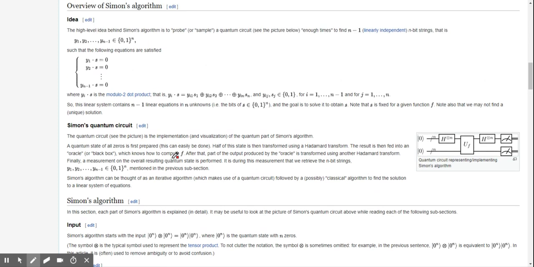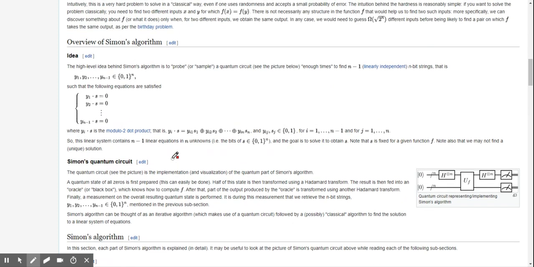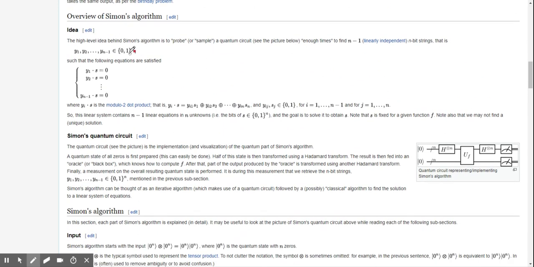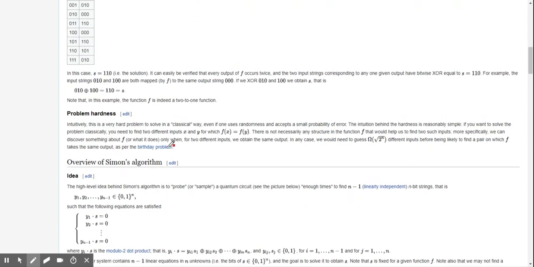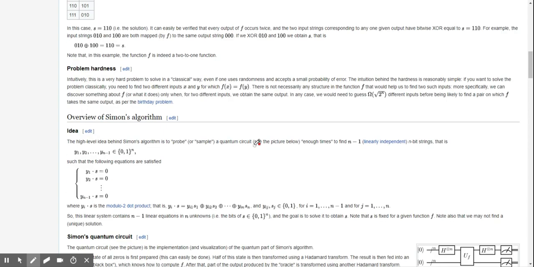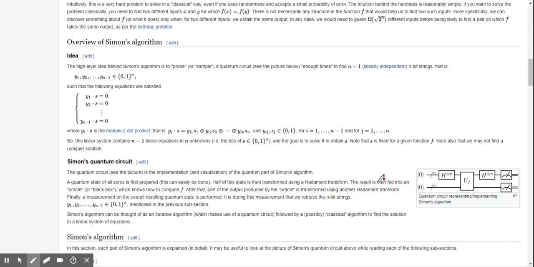Again, maybe we're just measuring the first register. Because we're talking about n all the time as the number of qubits, which is the size of the register, kind of 3.